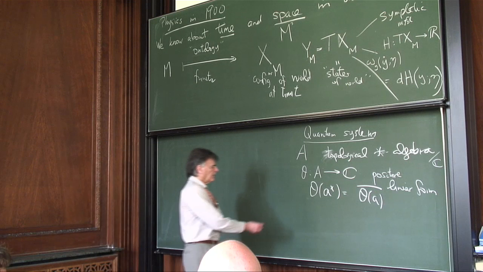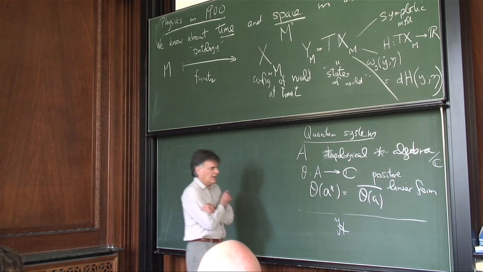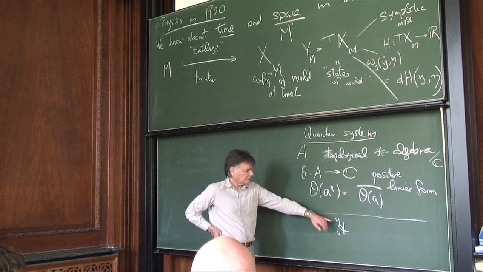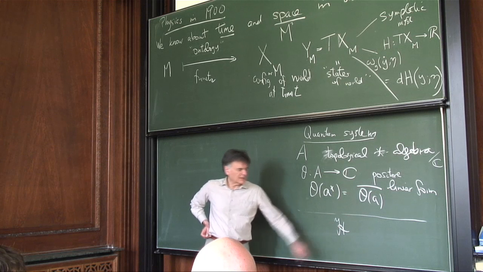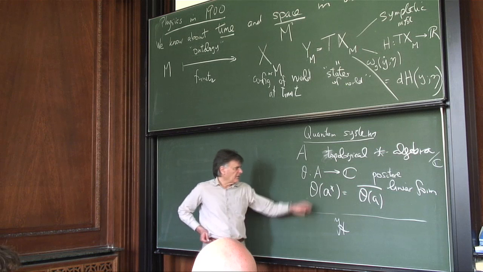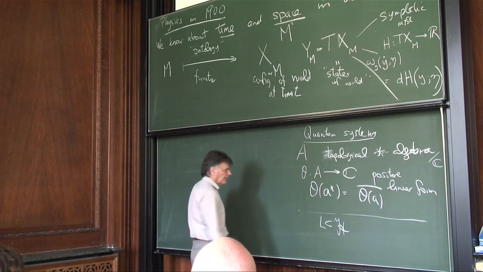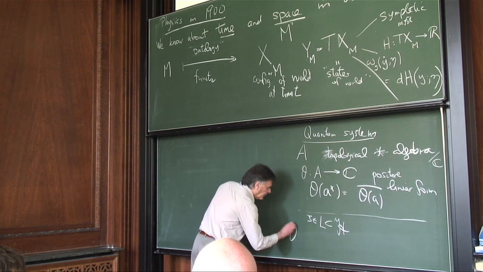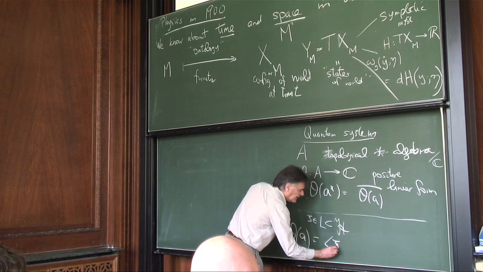It might be more familiar, possibly, to say that you have a Hilbert space, and the states of the system are the rays in this Hilbert space, and the things you measure, the observables, are self-adjoint operators in this H. So you think of A as being operators in some Hilbert space, and you think of this linear form, when you have a ray, a line L contained in that, you can pick a unit vector psi in it, and then, thinking of A as an operator, this would be the inner product of psi with A psi.